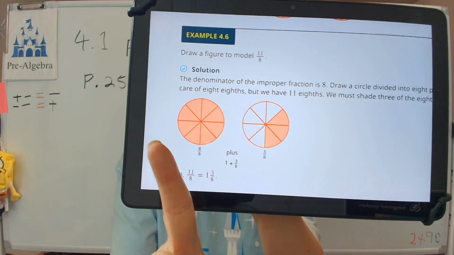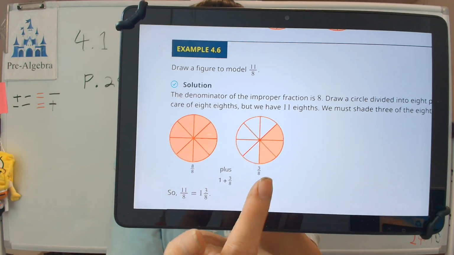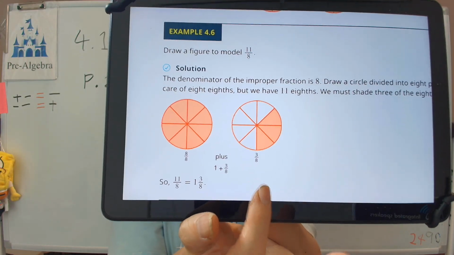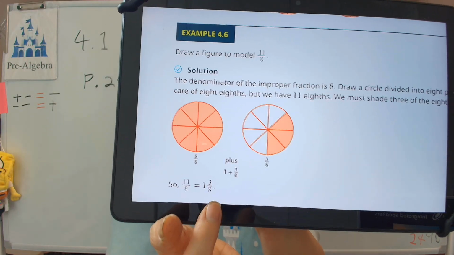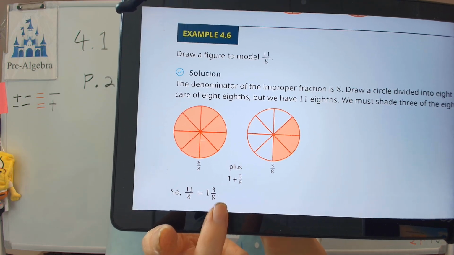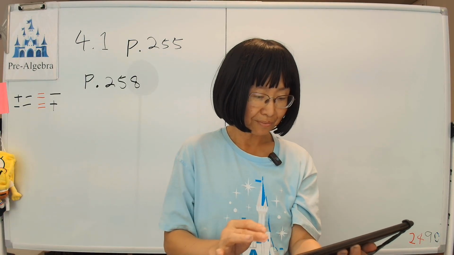So 8 pieces means 1. And then being that you have 11 pieces, you have 3 more pieces left. So total, what you have is 1 and 3/8 of pie. Okay, that means you have a whole pie plus 3 out of 8 slices of the whole pie. So that's that.